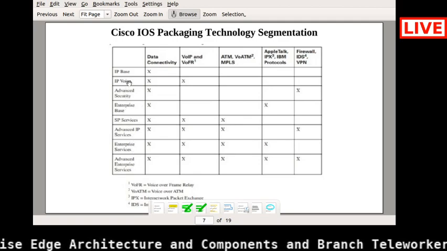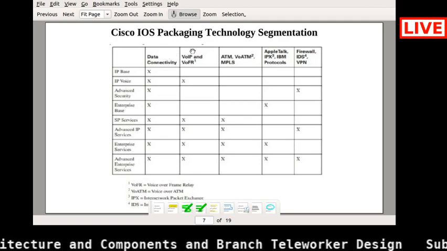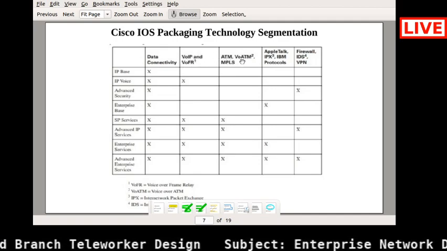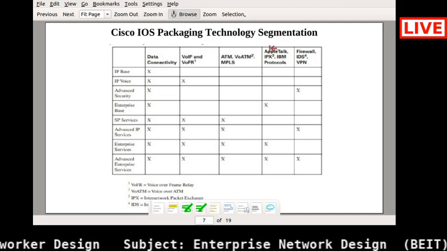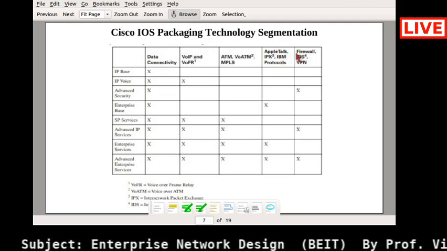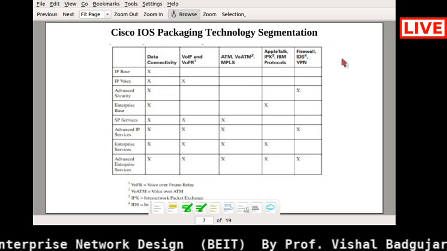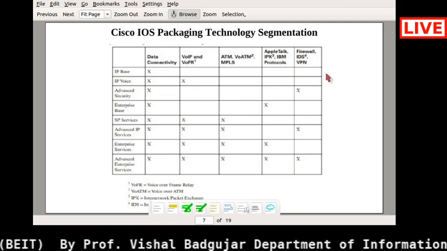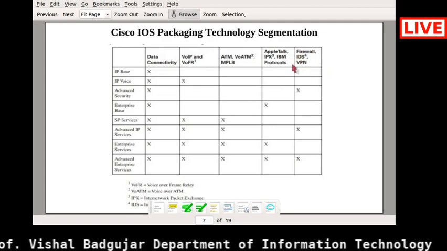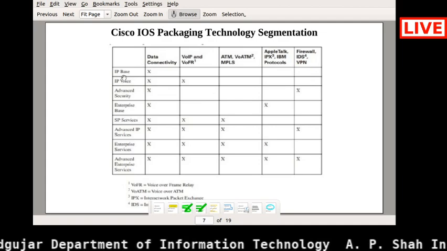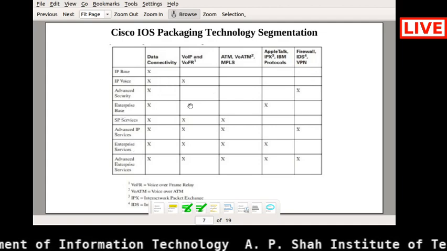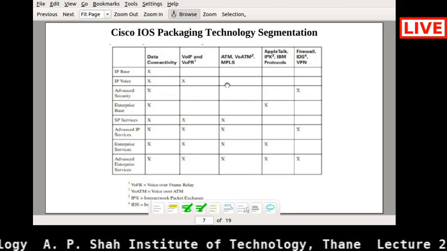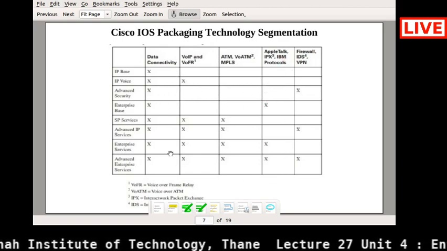With respect to data connectivity, voice over IP, voice over frame relay, then ATM, voice over ATM, MPLS, then IPX, that is the Internetwork Packet Exchange, then the security level: firewall, IDS, VPN, intrusion detection system, virtual private network. Depending upon that, I have compared how this iOS packaging technology supports these technologies or methodologies.